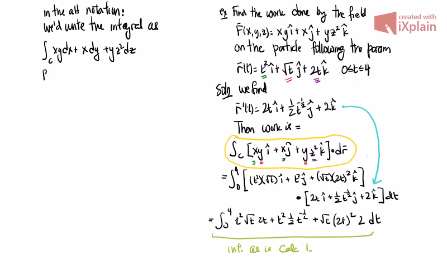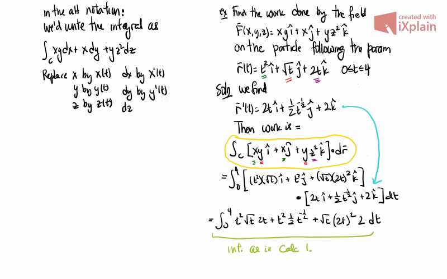So what we do is we replace x by x of t, y by y of t, z by z of t, dx by x prime of t, dy by y prime of t, dz by z prime of t, and those all come from the parameterization.